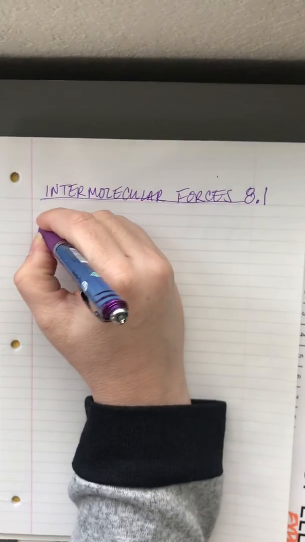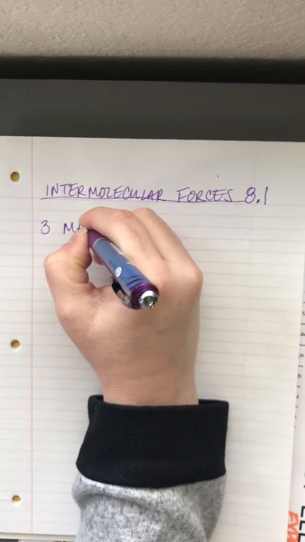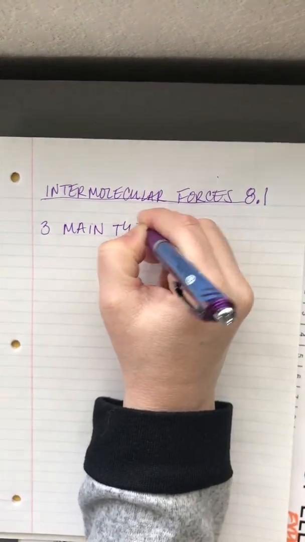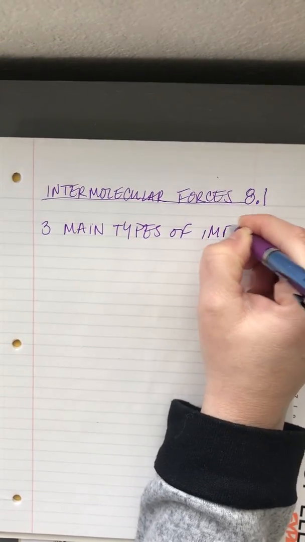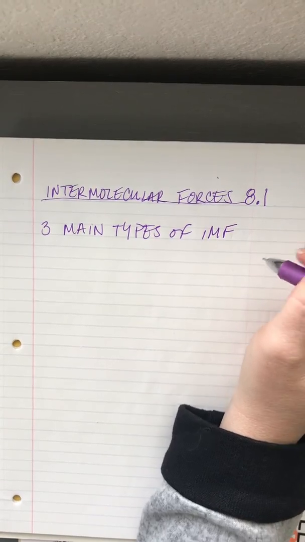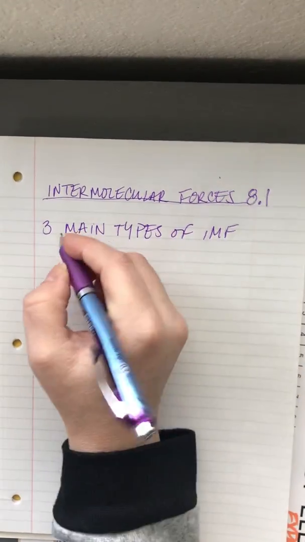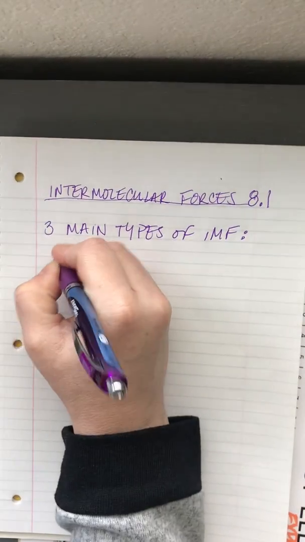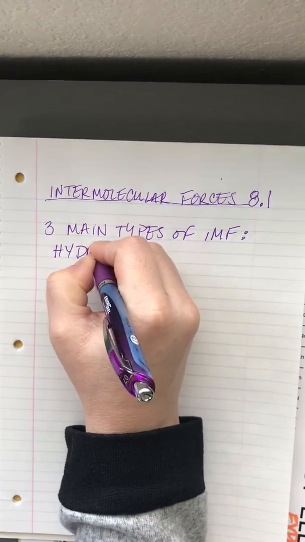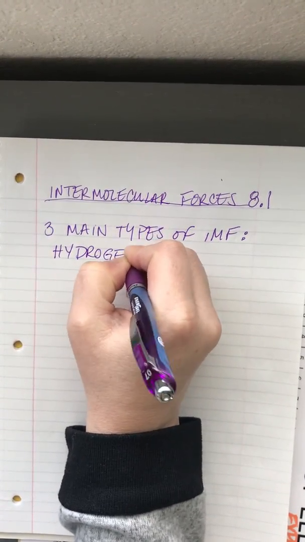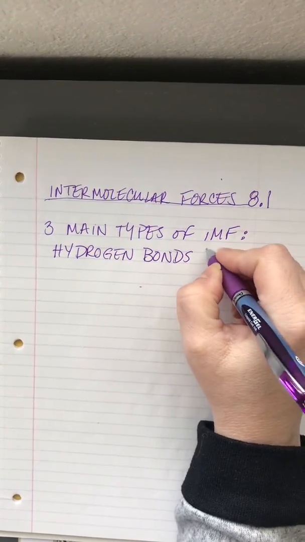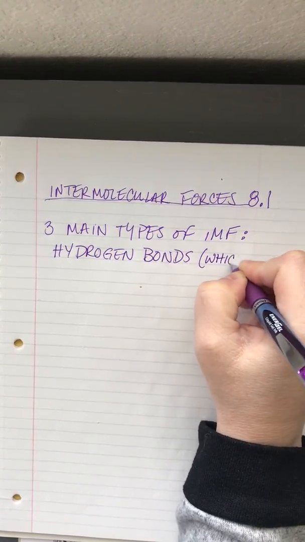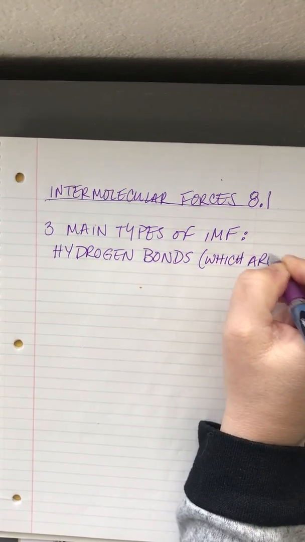So we had our three main types of intermolecular forces. IMF, I'm not going to write that one again. And those are hydrogen bonds, which are not true bonds.